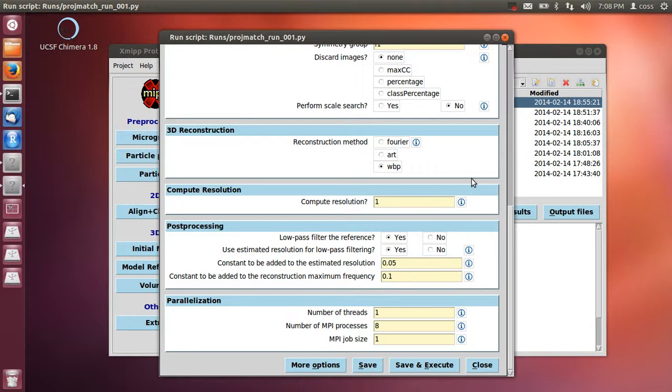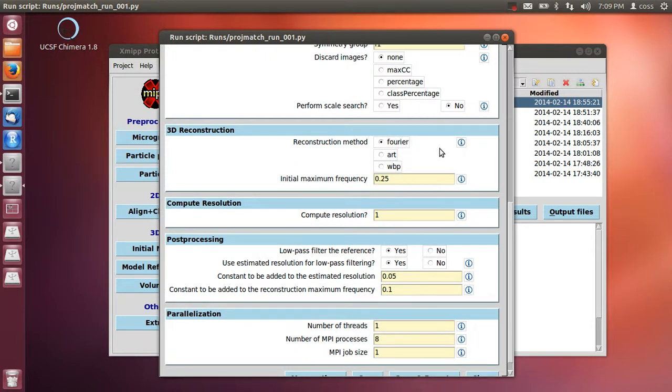This is, for instance, when you have huge particles. Let's say you have viruses of 1000 cube voxels, and Fourier is memory demanding. So if you don't have enough memory in your computer, then you may use weighted back projection as a substitute of Fourier. So normally you use Fourier.